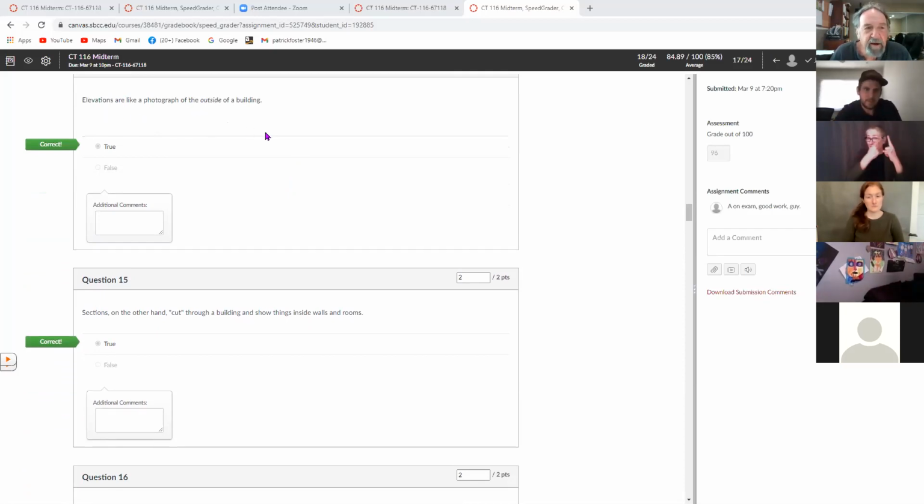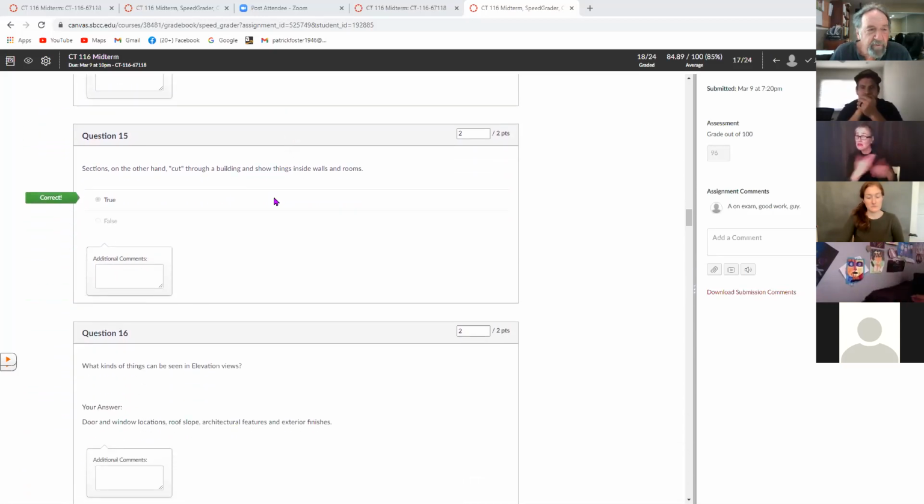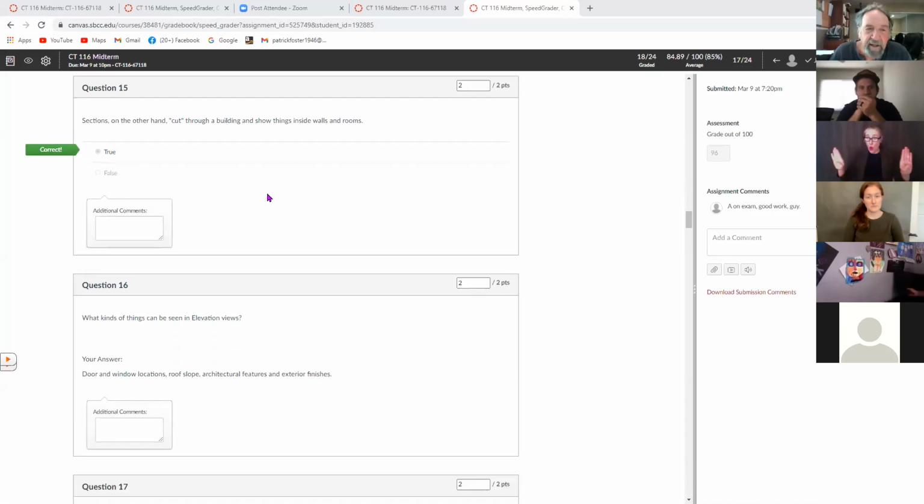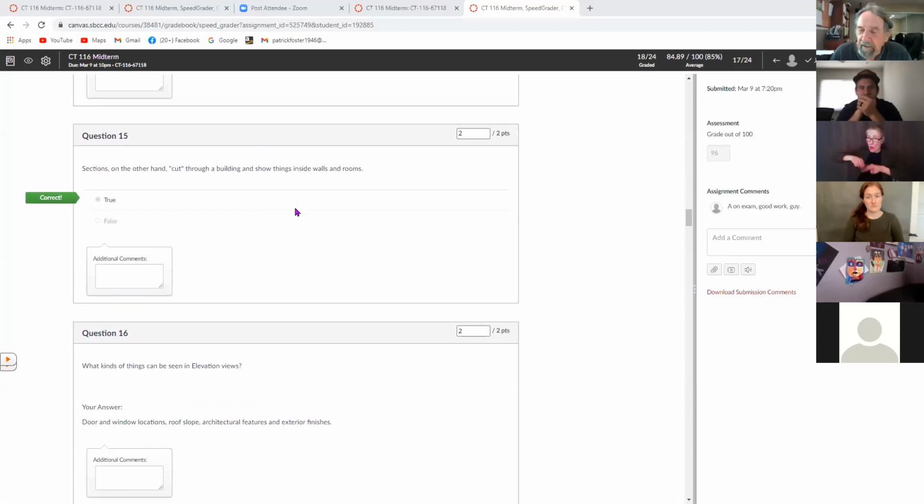Okay. Elevations are like a photograph of the outside of a building. That's the best way to describe it. 15, sections, on the other hand, not being on the outside, cut through a building and show things inside walls and rooms. You've got to know how important that is. There's just the way people build houses, they have details on the inside that you would never know about unless you had a section.